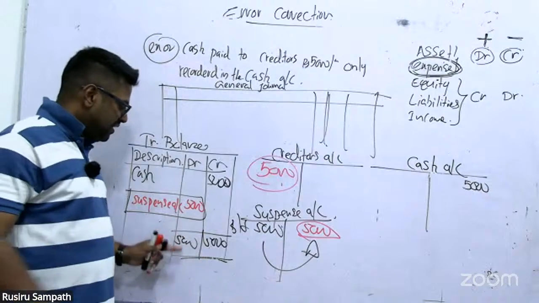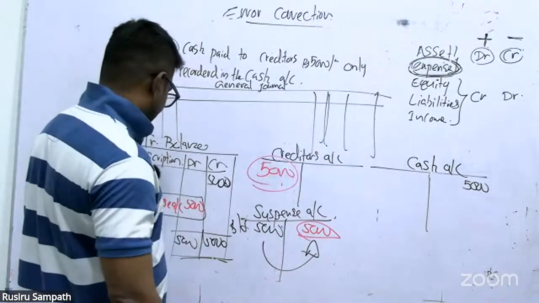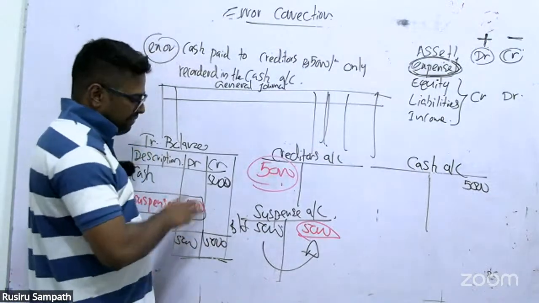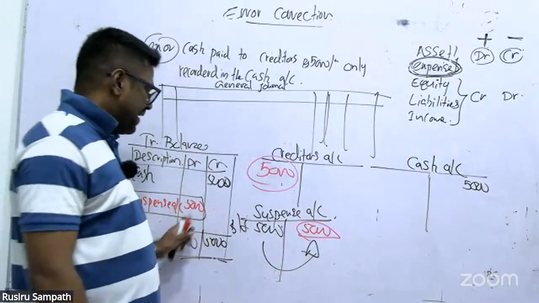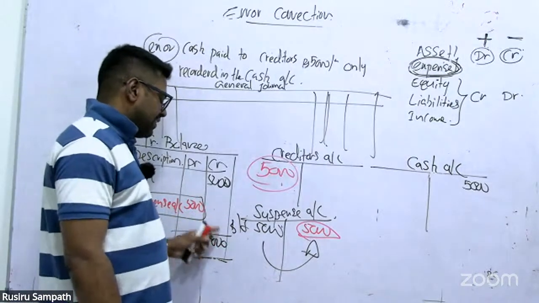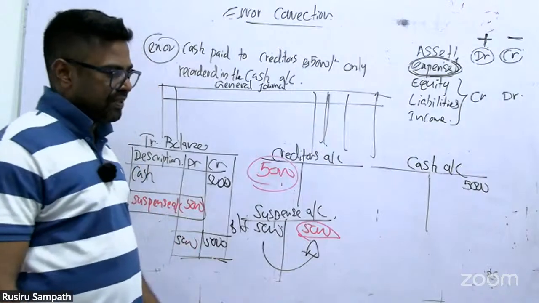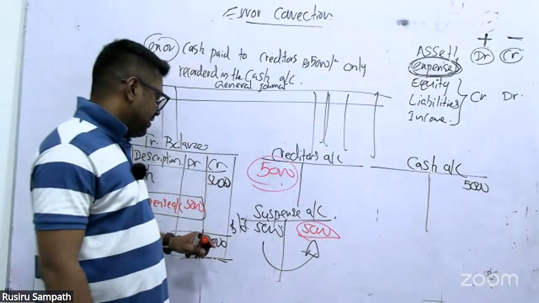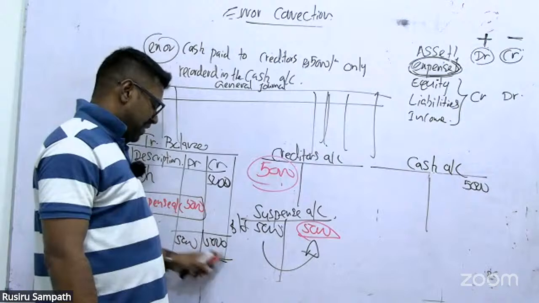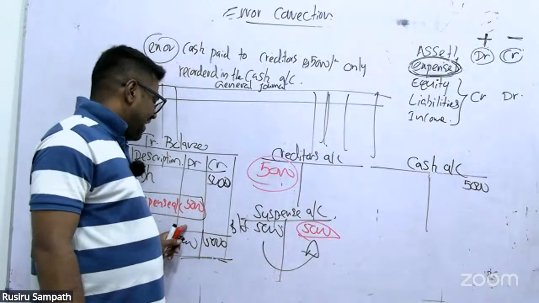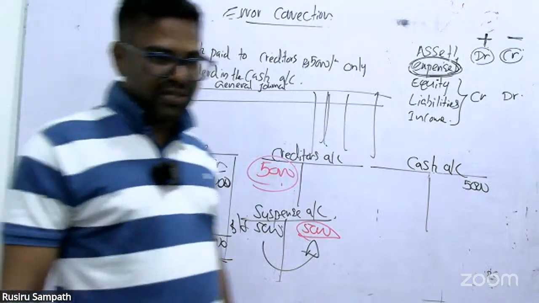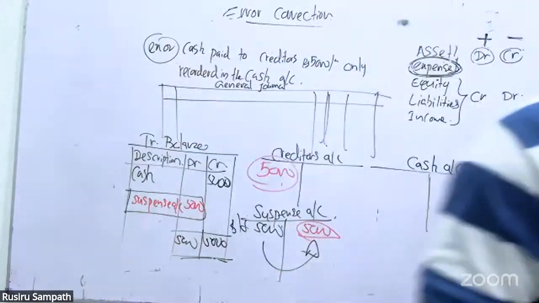This error affects the total, so the debit balance and credit balance differ, and a suspense account is created.